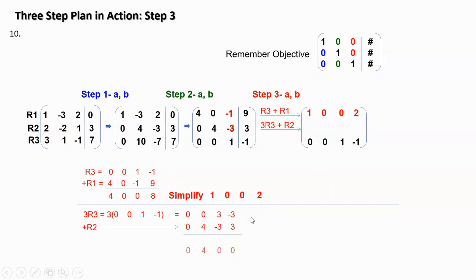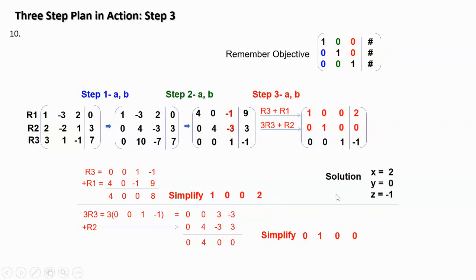After we add them, it's going to give us 0, 4, 0, 0. And remember, this has to be a 1, so we divide everything by 4, so we get 0, 1, 0, 0. That's my new row 2. So there's my solution. 2, 0, -1.